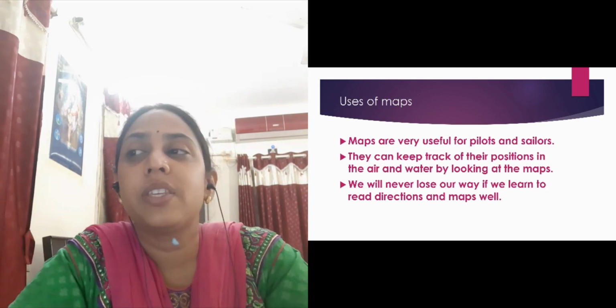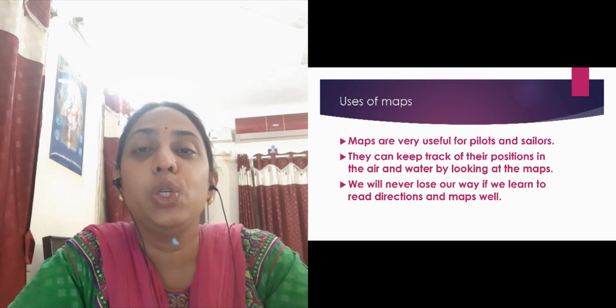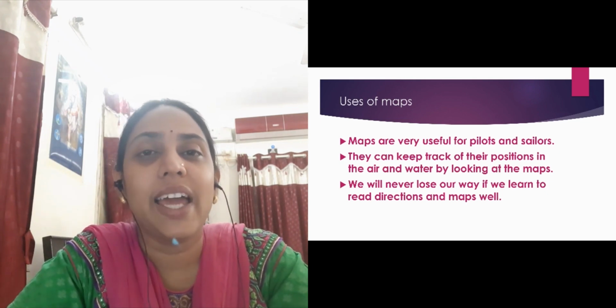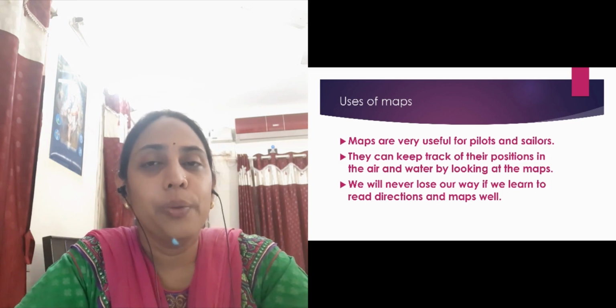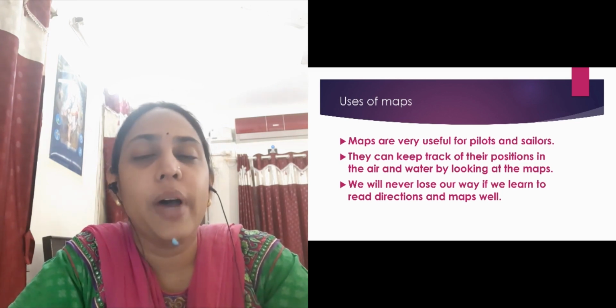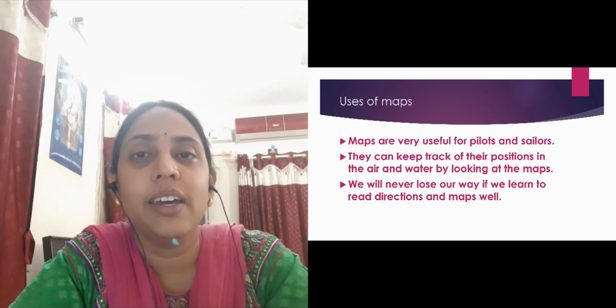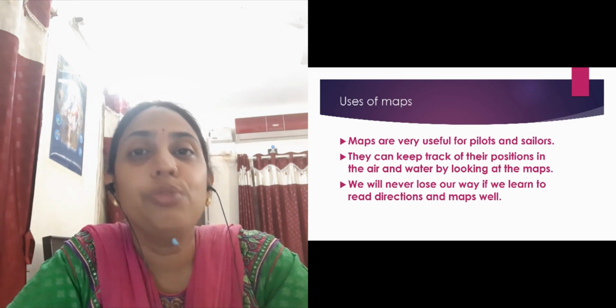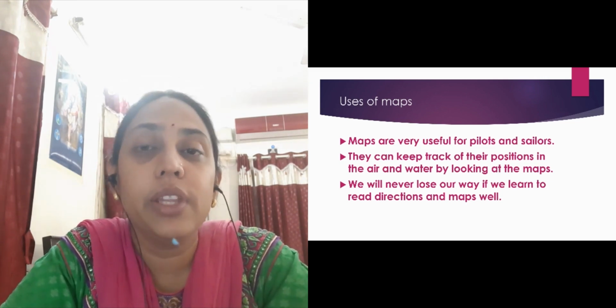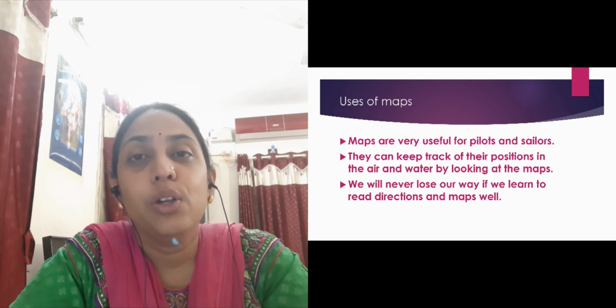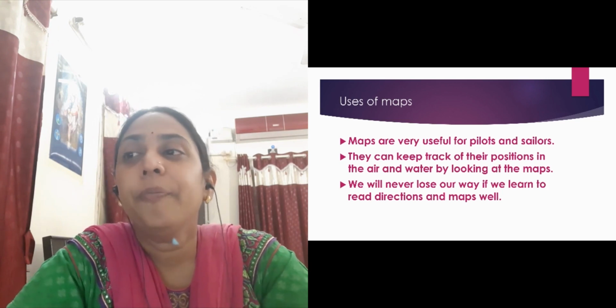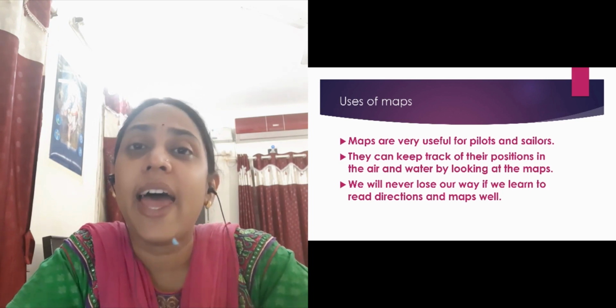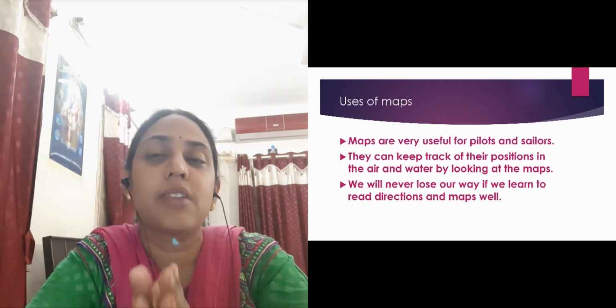So these maps are actually very useful for pilots and sailors. When pilots and sailors are in the air and water, through these maps they can easily find out the directions, and they can move to that particular place, right? Then they can keep track of their positions. Track means what?